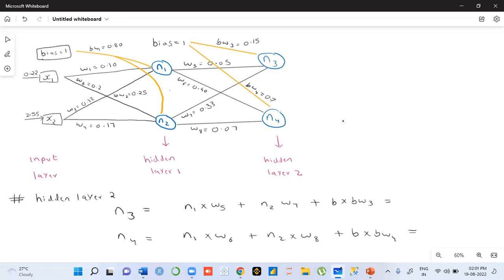What is the N3 value, guys? 0.64 plus 0.41, 4 decimals. 4 is correct. N1 कितना था?